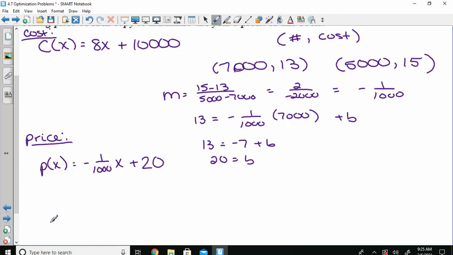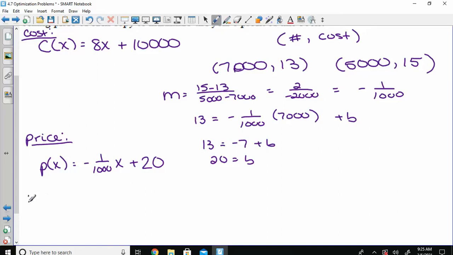Okay, we are ultimately trying to maximize profit. Profit is revenue minus cost. I have my revenue, do I have my cost function? Or sorry, I have my cost, do I have my revenue? No, so we need to find that. Revenue, the amount of money you make, is x, the quantity you sell, times the price.